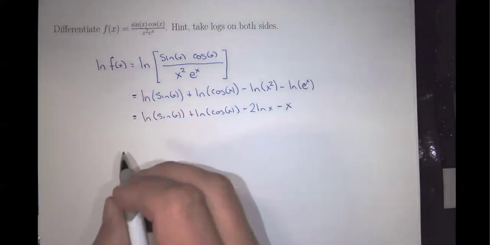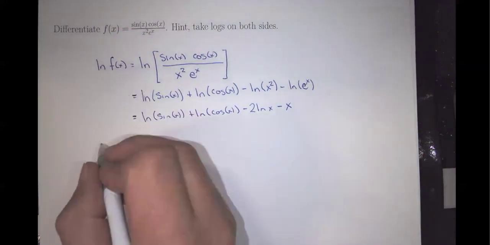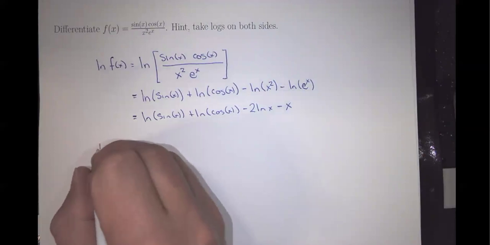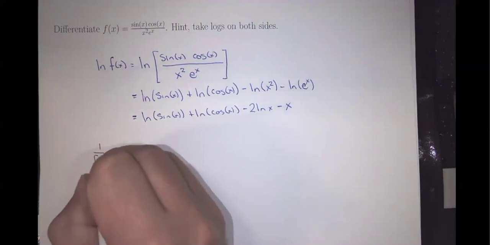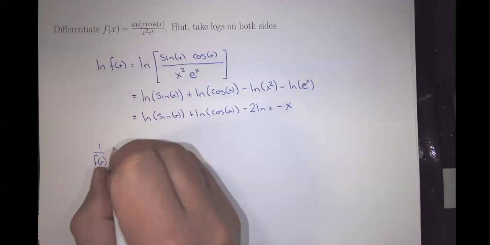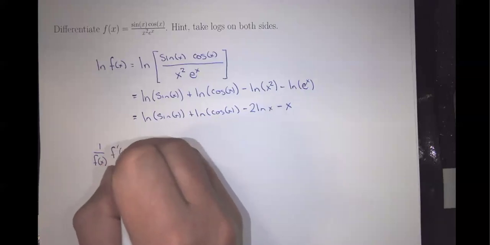Derivative of natural log of f of x is 1 over f of x times the derivative of the inside, which is f prime of x.